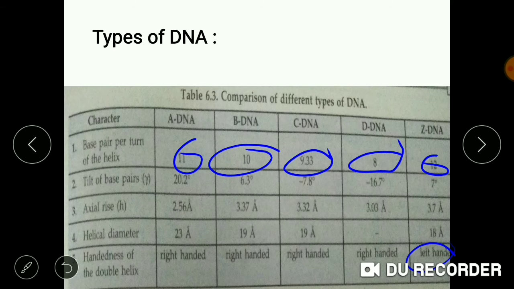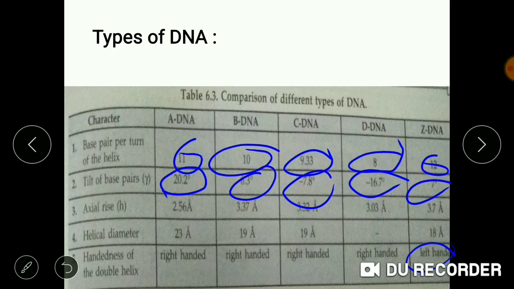The tilt of the base pair is 20.2 degrees in case of A-DNA, 6.3 degrees in case of B-DNA, minus 7.8 degrees in case of C-DNA, and minus 16.7 degrees in case of D-DNA, while 7 degrees in case of Z-DNA.